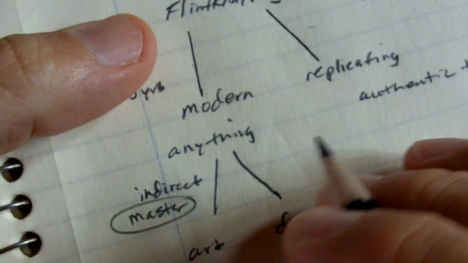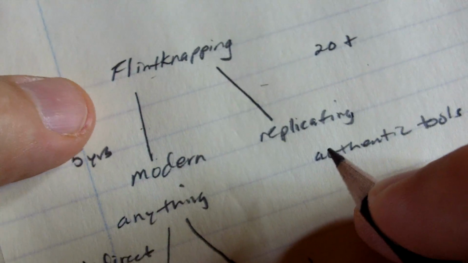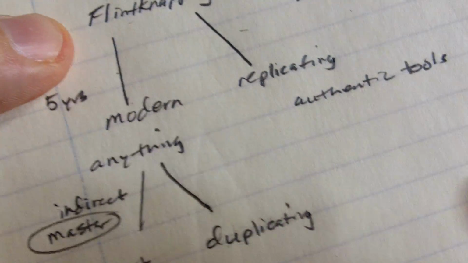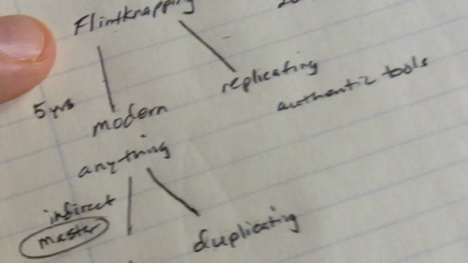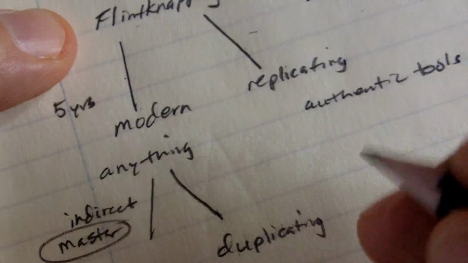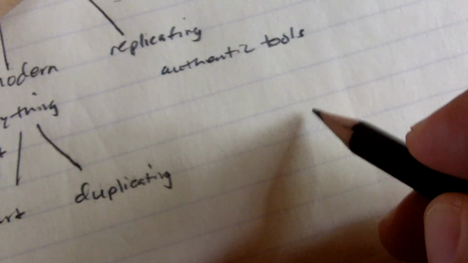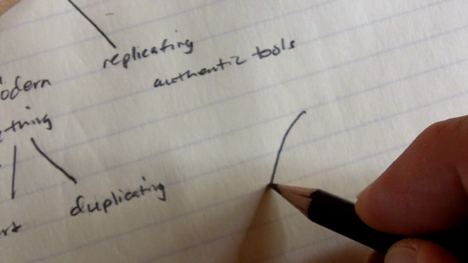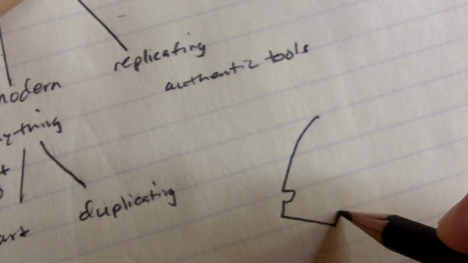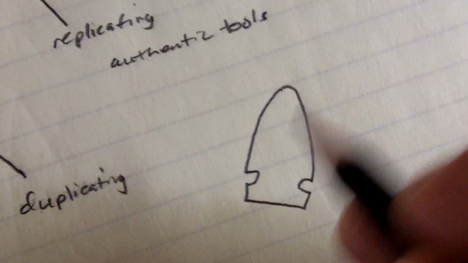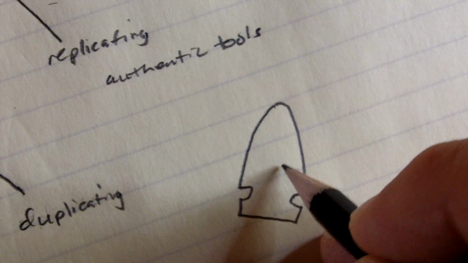Because eventually I'm going to try and figure out how some of these artifacts were made, or try to figure out methods that match artifacts. And I'm not going to be doing the analysis. Let's say I have an already made artifact. I'm not going to analyze the artifact itself.